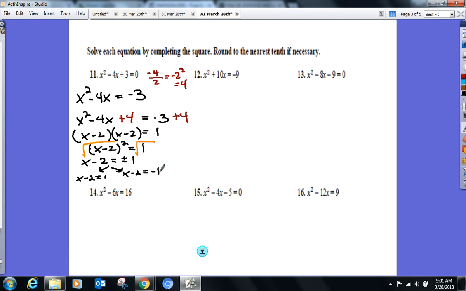Go ahead and solve for both. One answer, x equals 3, and the other one, x equals positive 1. Yep.